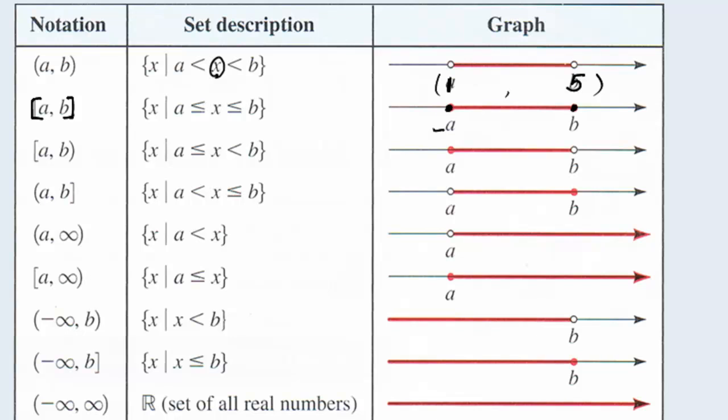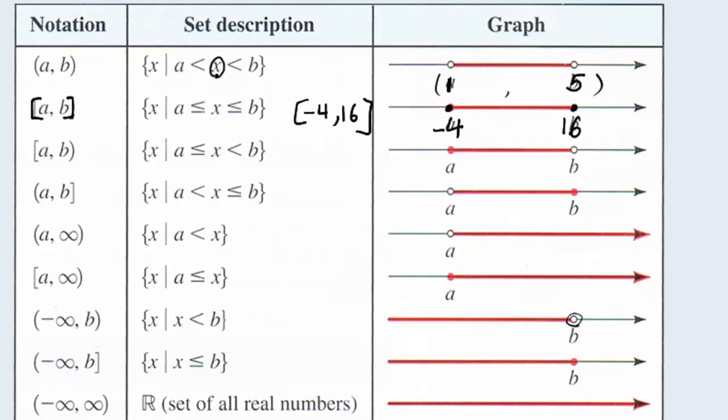For example, it could be from -4 to 16. So here I would have -4 to 16, and we're including the -4 and 16. And the same way for the other one. Go through it one by one. And I mainly want to highlight this one right here, which says, okay, look at the number line.